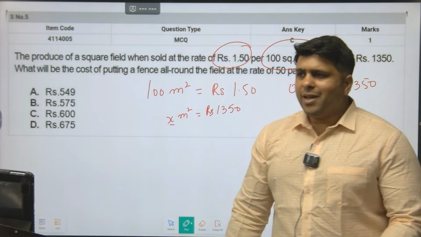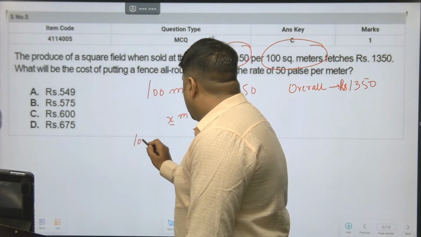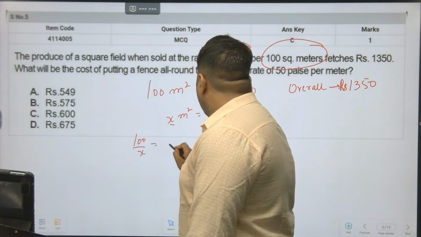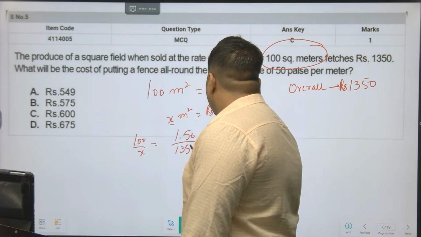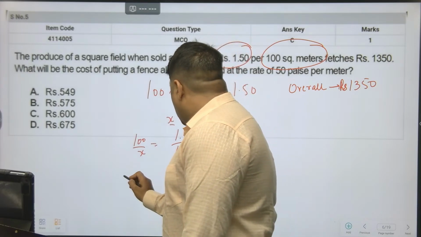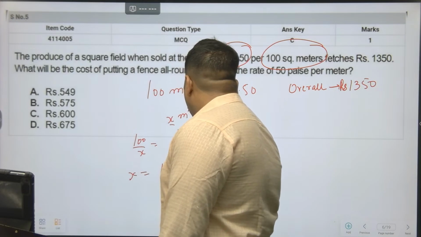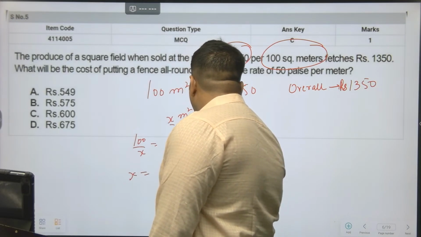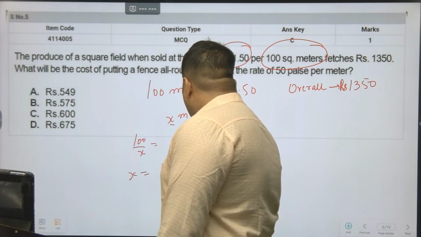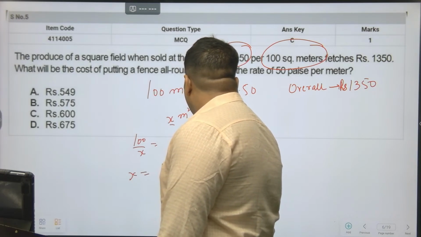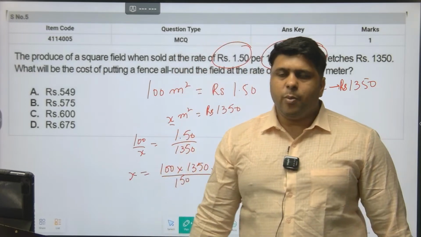From here we can directly divide them and find the value of x. So 100 by x is equal to 1.50 upon 1350. So x will be equal to 100 into 1350 divided by 150 into 100.